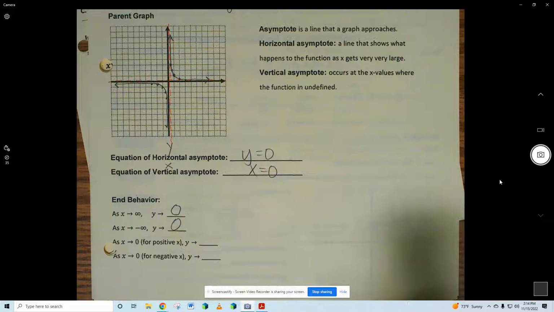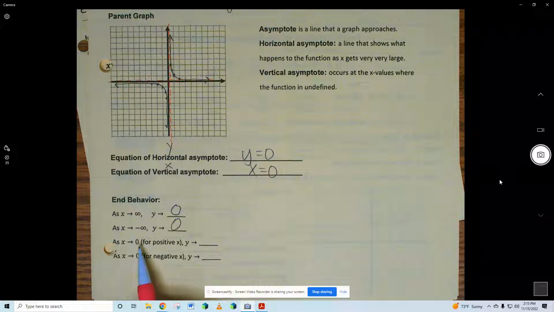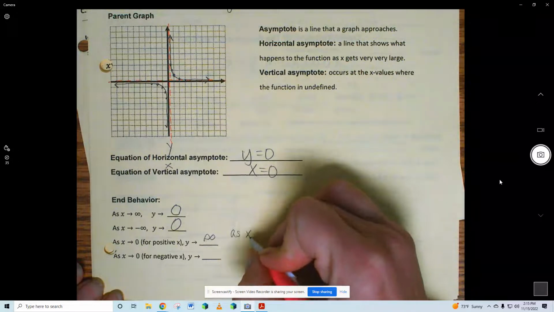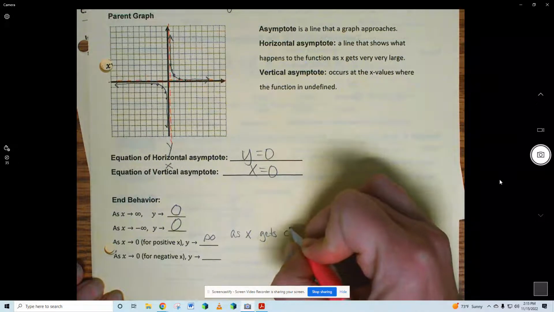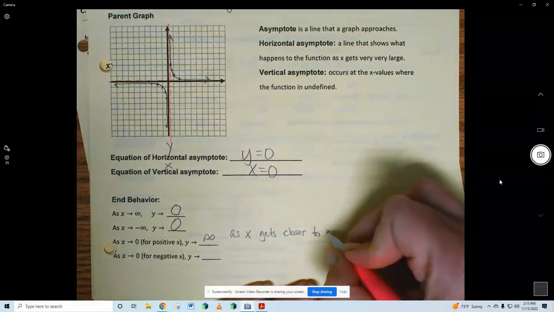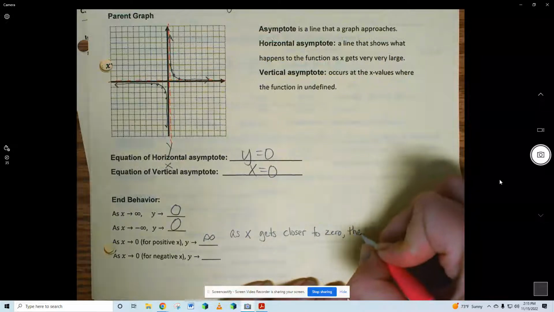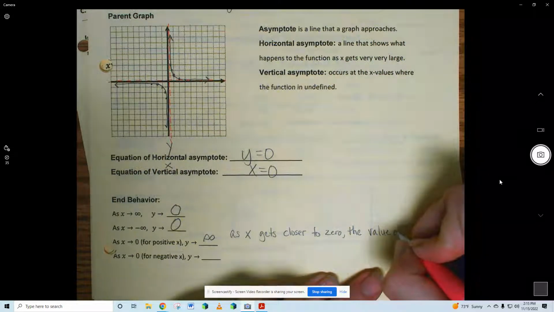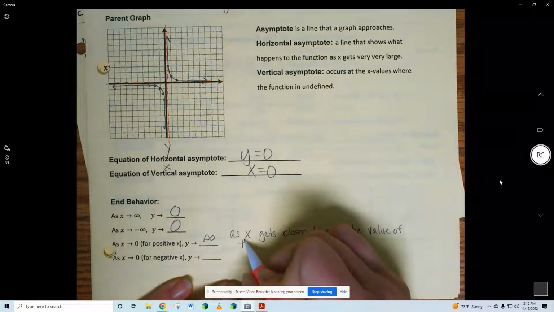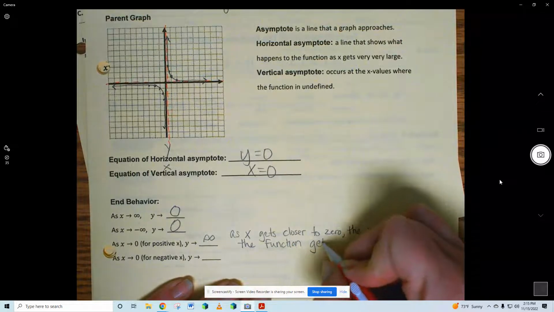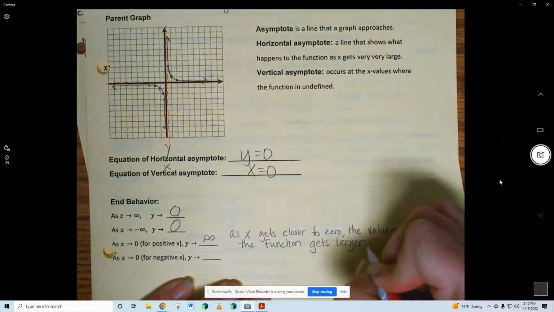As x approaches 0, as x gets closer to 0, y goes to infinity. As x gets closer to 0, the value of the function gets larger. Okay?